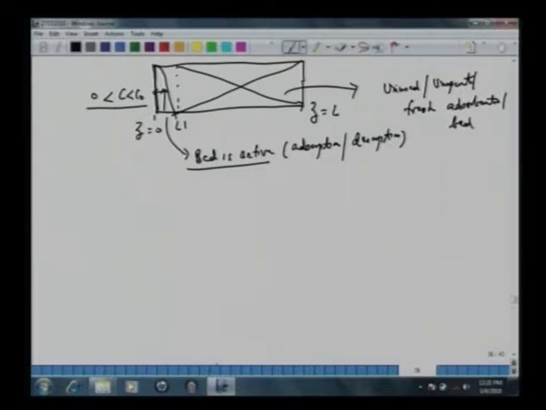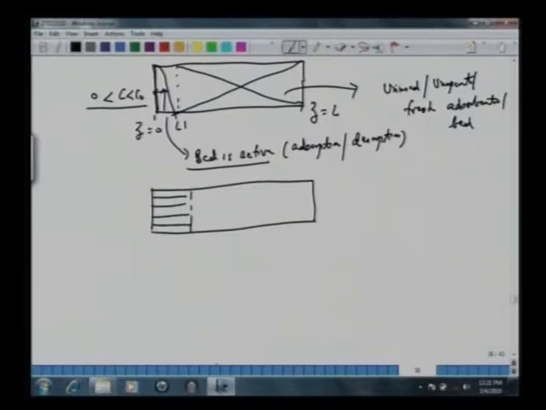Now after some time you will expect that this zone will further move. So now some more bed region has been completely saturated. So this is the region where the bed is now completely saturated, and there is a certain region here where there is an activity, the bed is active.